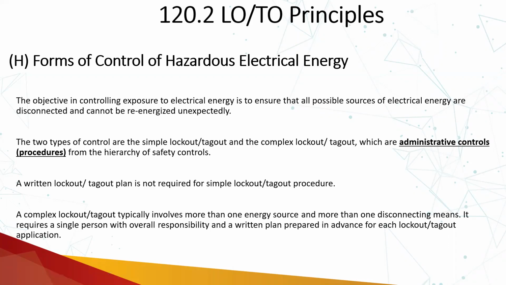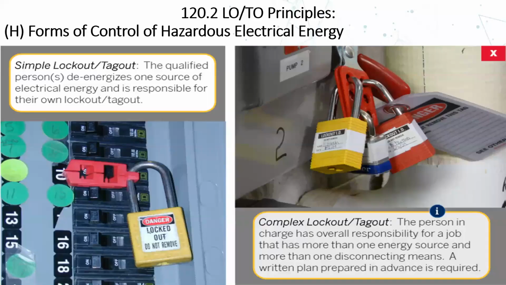Let me explain this simple and complex through different examples. Here, it could be a simple lockout and tagout because I'm putting a lock on the one breaker, and there is one lock, so it might be representing simple lockout and tagout.